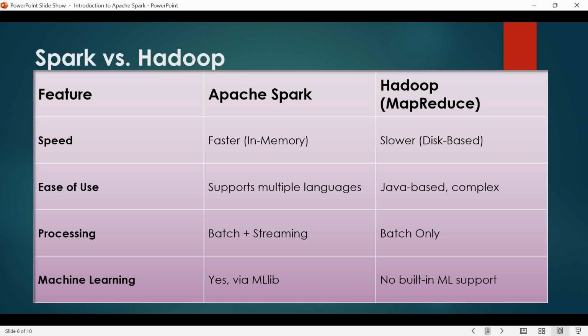Spark also supports multiple languages, whereas Hadoop's MapReduce is primarily Java-based. Spark can handle both batch and real-time processing, while Hadoop is mainly for batch jobs. Plus, Spark includes built-in machine learning libraries, whereas Hadoop does not.